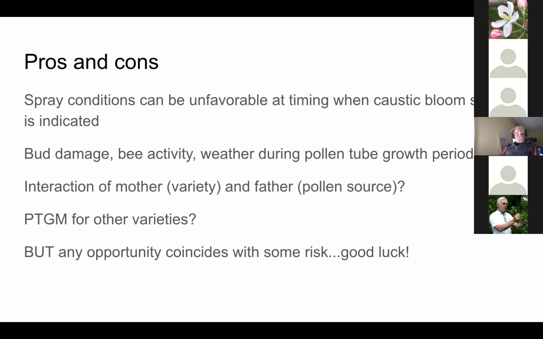The interaction of the mother, the variety, and the father pollen source is not 100% well understood. That could play into its effectiveness. Like I mentioned, there's no pollen tube growth model for Macintosh or other varieties. But any opportunity coincides with some risk.